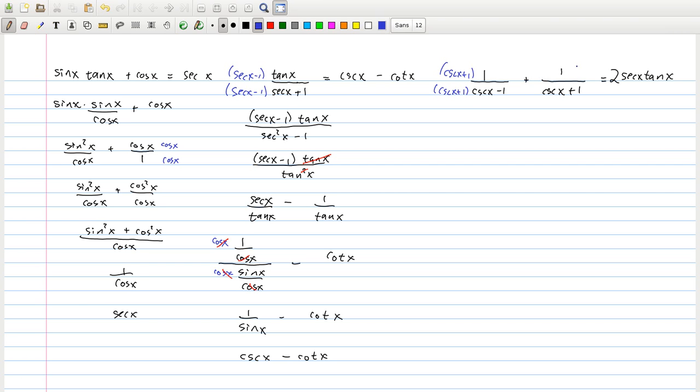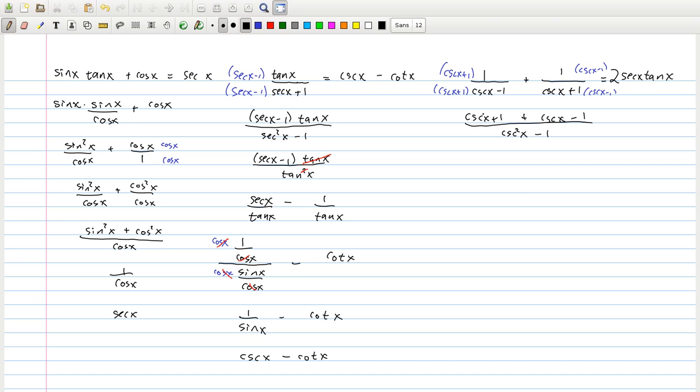The second fraction we can multiply by cosecant x minus 1 on both numerator and denominator. We can now rewrite this as cosecant x plus 1 plus cosecant x minus 1, all divided by the common denominator, which is cosecant squared x minus 1.